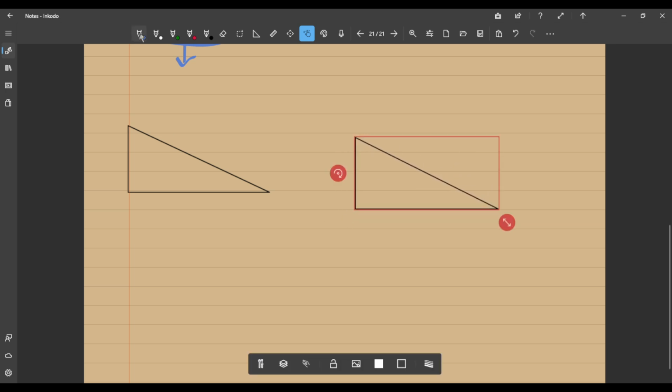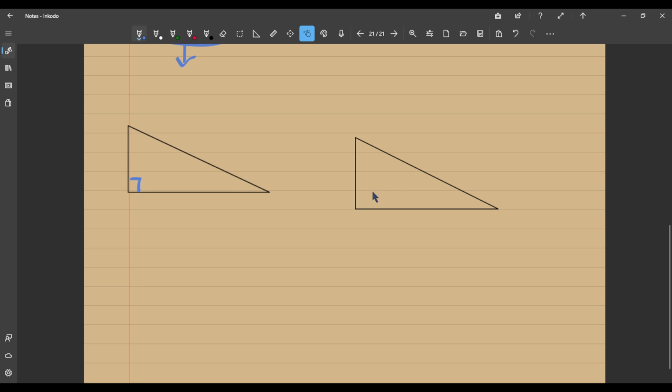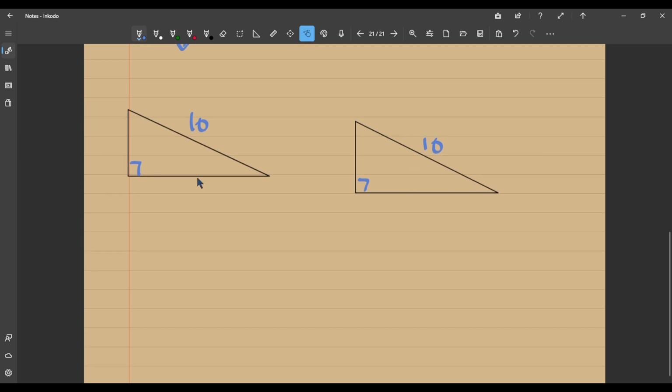So if I say that this angle is 90, and I say that the hypotenuse is some distance, say that it is 10, and some other side, so these both hypotenuses, whatever you want to call them, are 10, and this is say maybe 3 or 7, it can be 7.